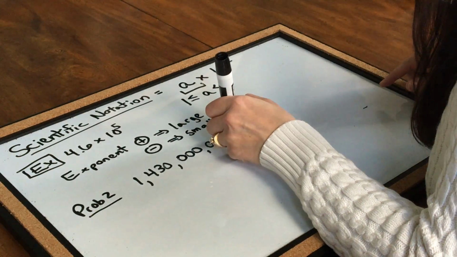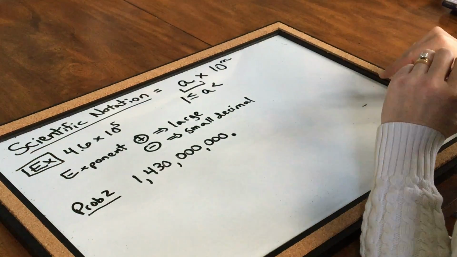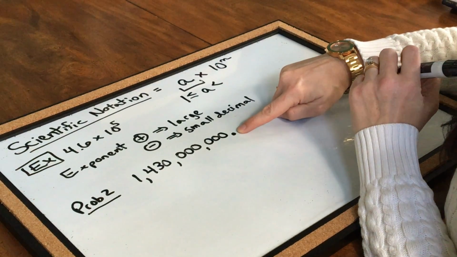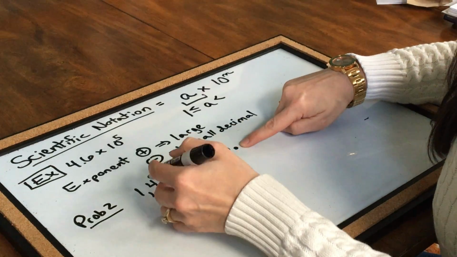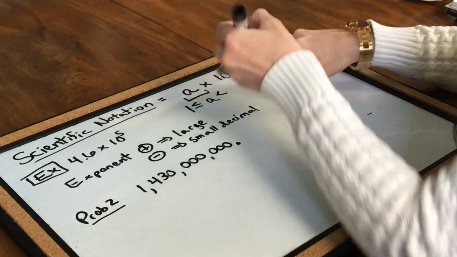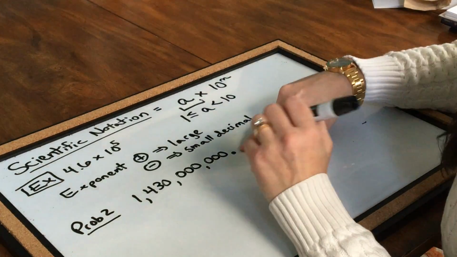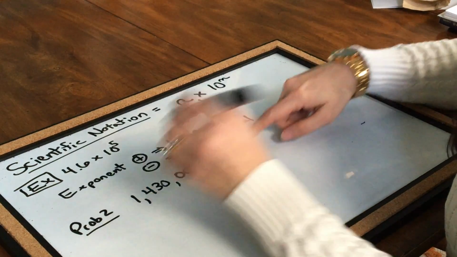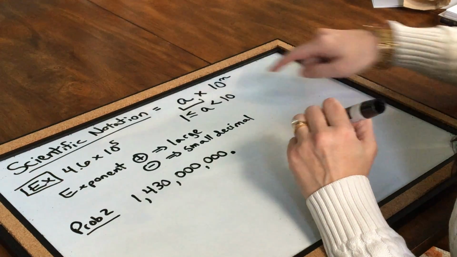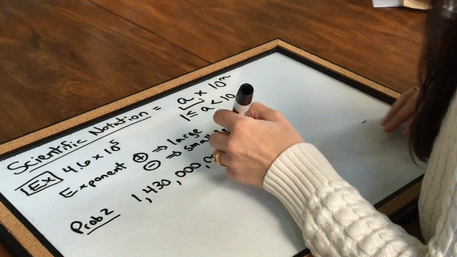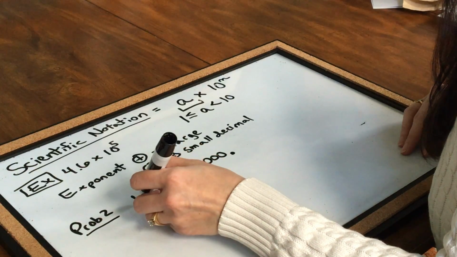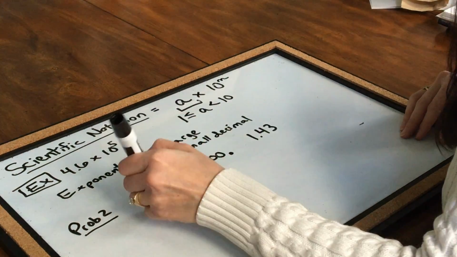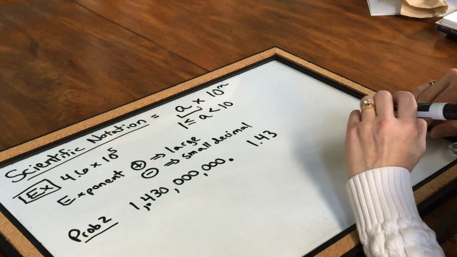So what we do in scientific notation, remember, is we move the decimal point until we have a number that's between 1 and 10. We're going to be moving our decimal point until it hits right over here. The number of moves is going to be our exponent. So I'm aiming for 1.43, since that's where my decimal point is going to end up.